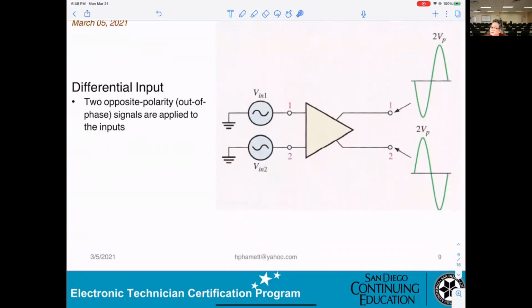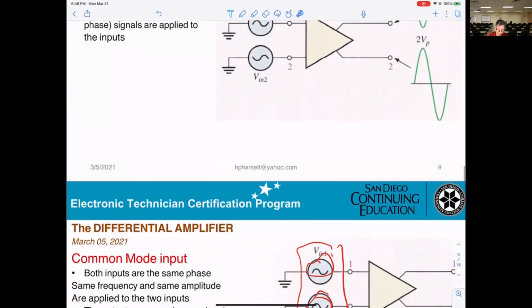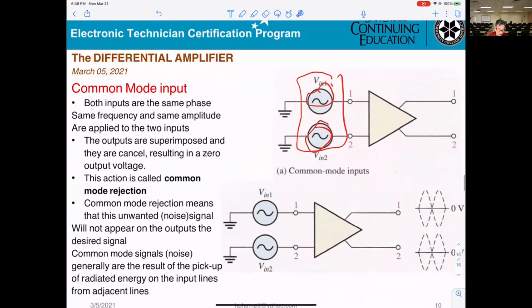They must be opposite. That only tells you one input is positive and the other one has to be negative. Otherwise, it's not working. That's the only thing, make sure you follow that.